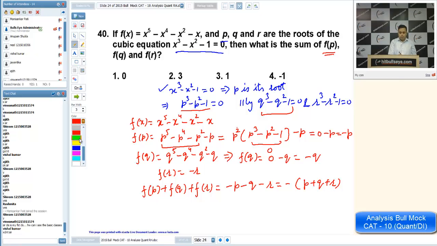Now since p, q, r are the roots of this cubic equation, the sum of roots will be equal to minus of coefficient of x square upon coefficient of x cube, which is minus of minus 1 upon 1, or 1. So just put this value of p plus q plus r here, you will get minus 1 as your answer.